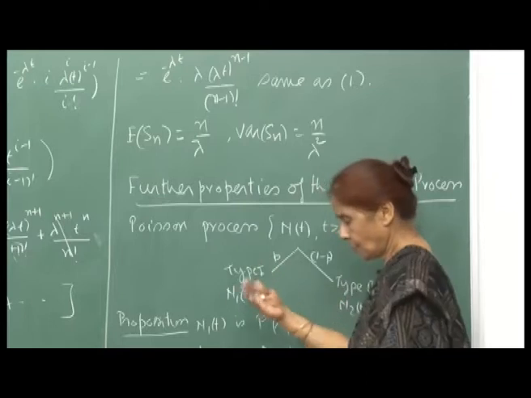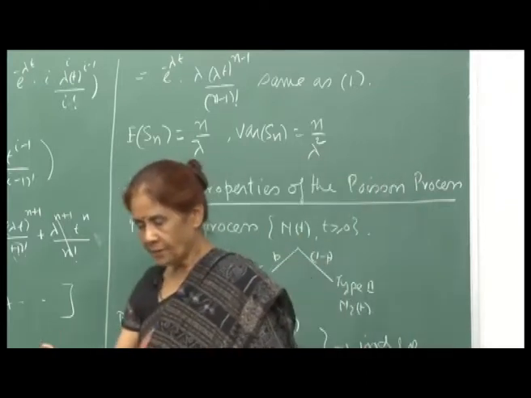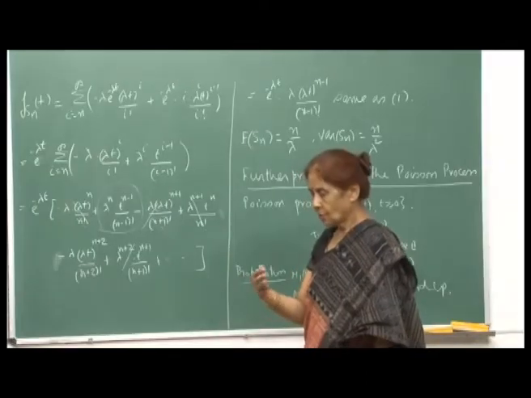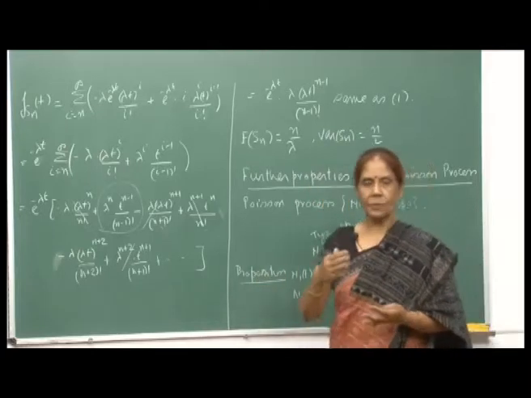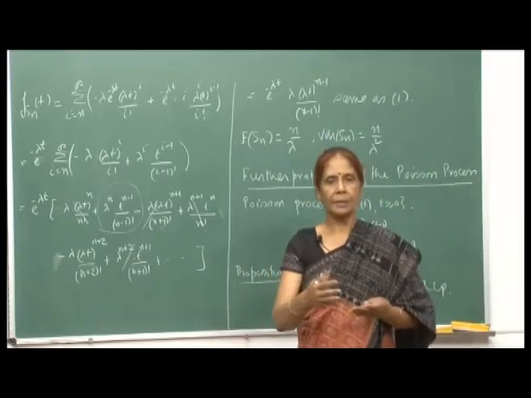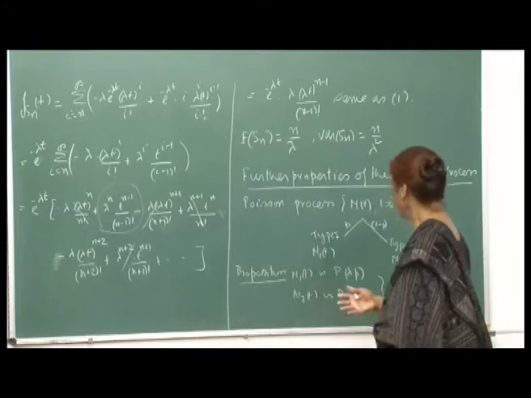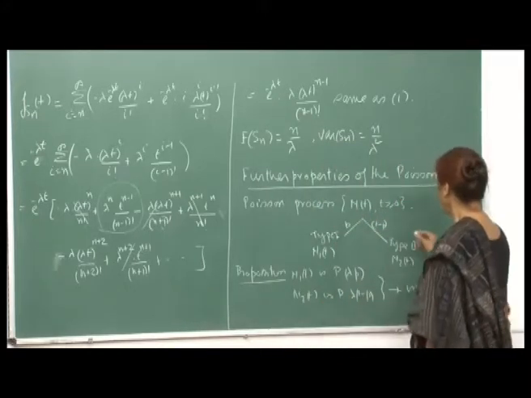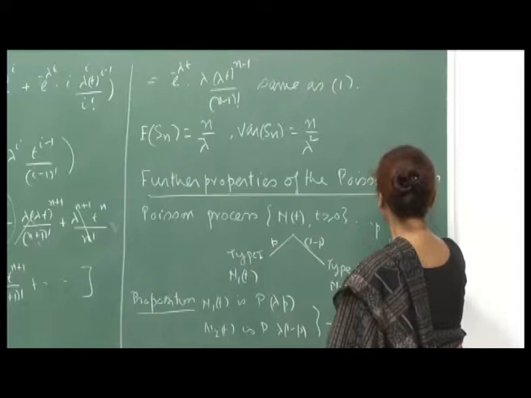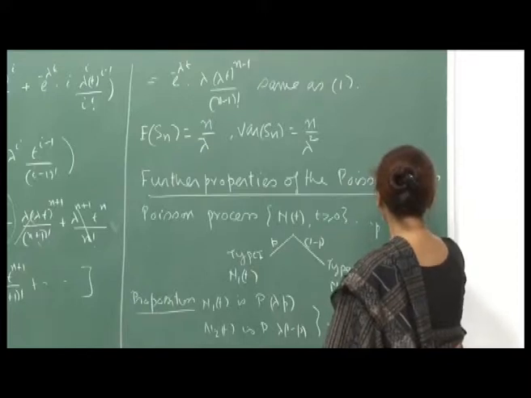If you remember, while discussing the joint MGF, I talked about the Poisson process, and then I said that if all the events that are occurring are being counted, then the probability of an event being counted was p, and of an event not being counted was 1 minus p.